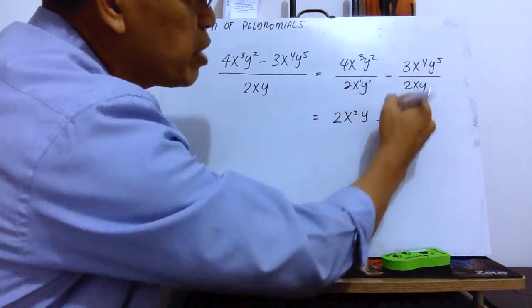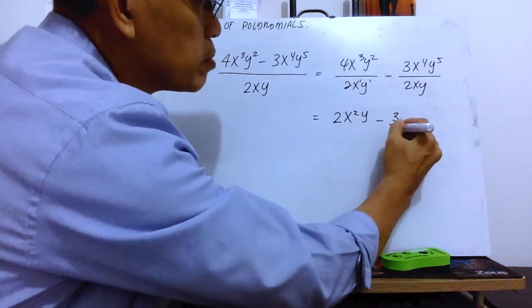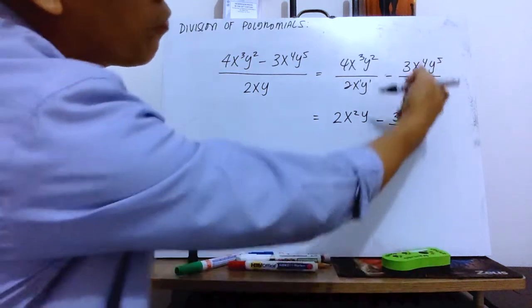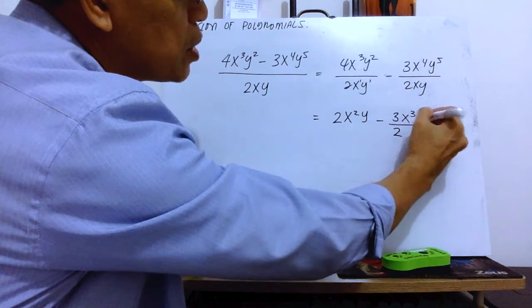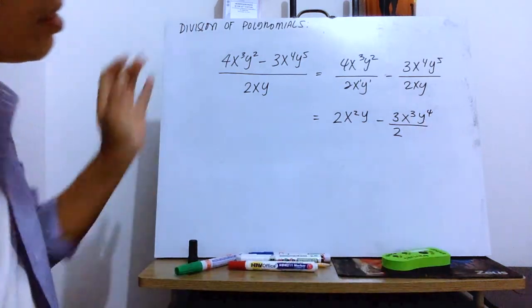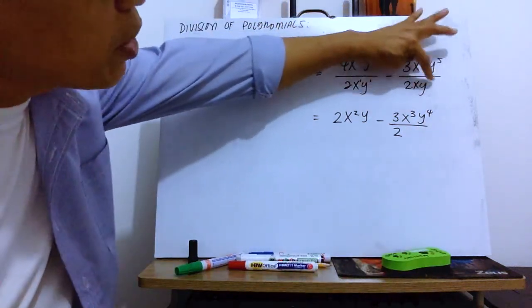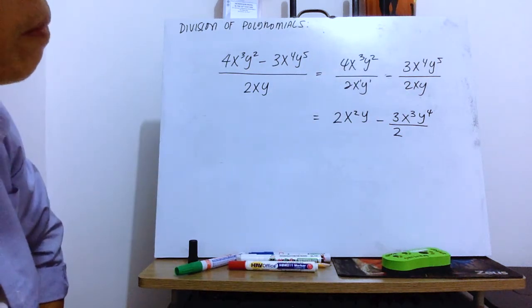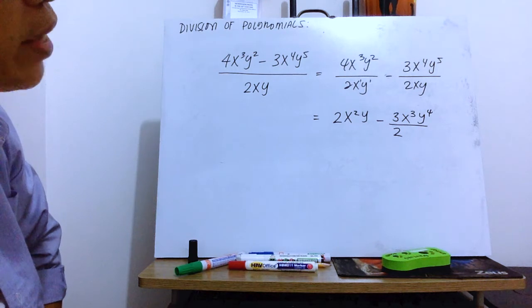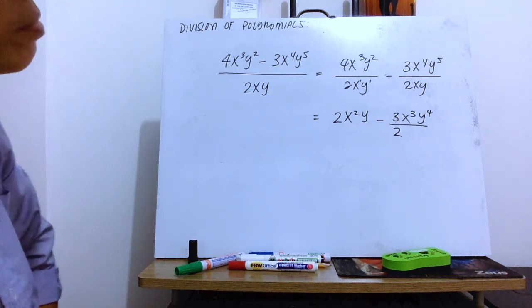We cannot divide 3 by 2, so just copy it. And then x: 4 minus 1 is 3. Y: 5 minus 1 is 4. So that's the answer. 2x squared y minus 3 over 2 x cubed y to the fourth.